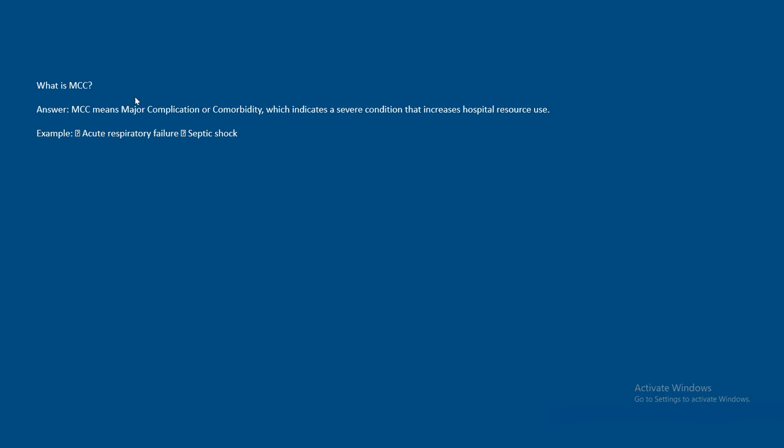What are the most common examples for MCC? Acute respiratory failure as well as septic shock. If the patient has these two conditions during the inpatient stay, the hospital needs to put more resources. So this DRG payment will be much higher than without MCC or CC.